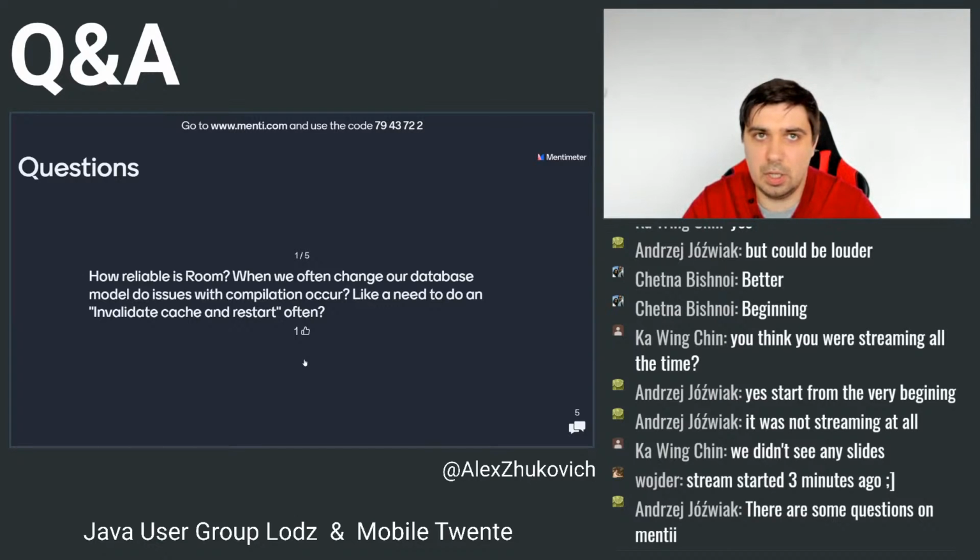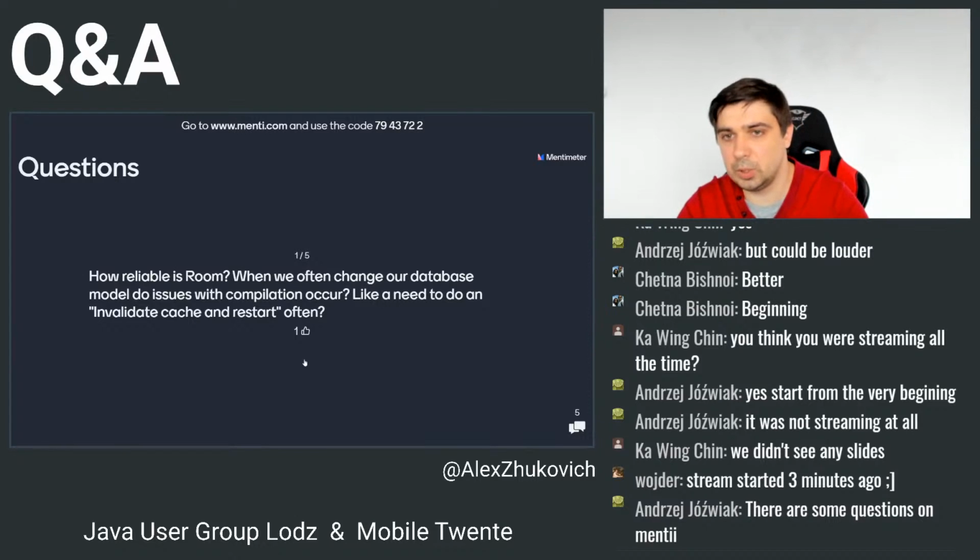But if we want to change, as an example, the type of one of the columns, first of all, a completely new table will be created. All data will be moved from the old table to the new one, and after that, the old table will be removed, and the new table will be renamed to the old name. So as you can see, we have different migration types, and different work is done for migrations.